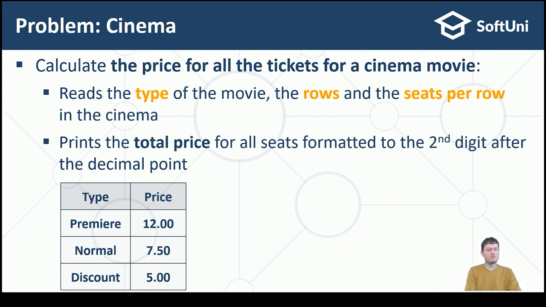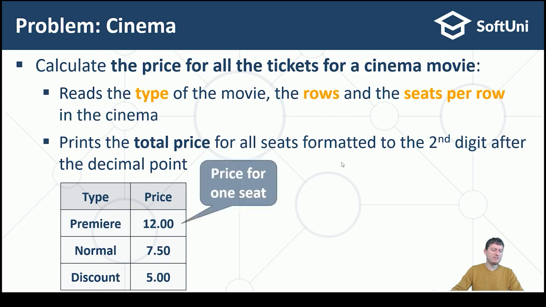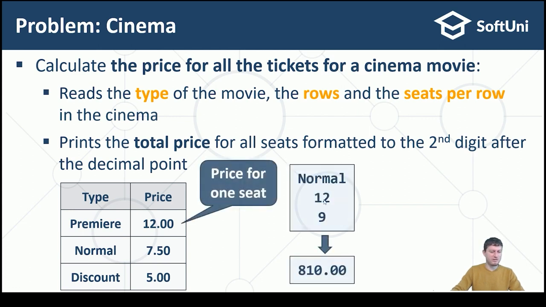Depending on the type of the projection of the movie, we have different prices. Premiere is 12, normal 7.5, and discount tickets are 5. So this is the price for one seat.